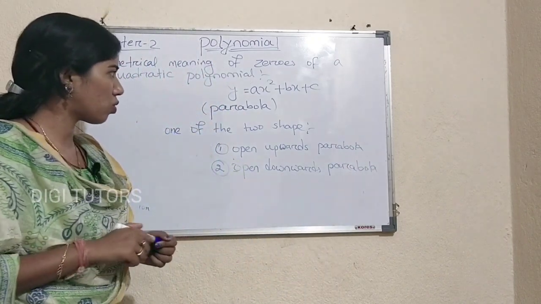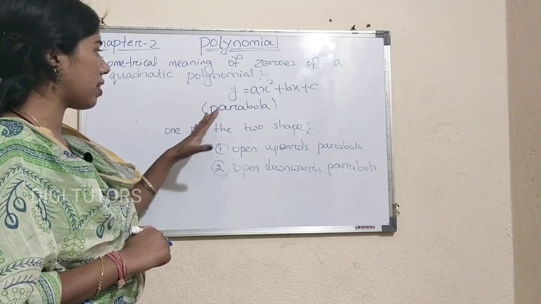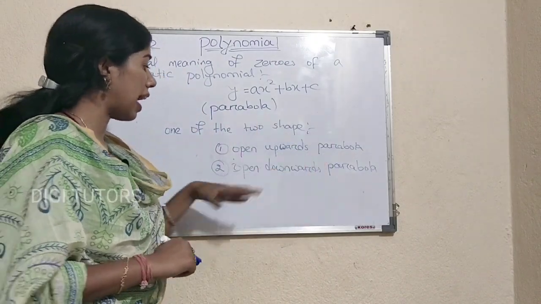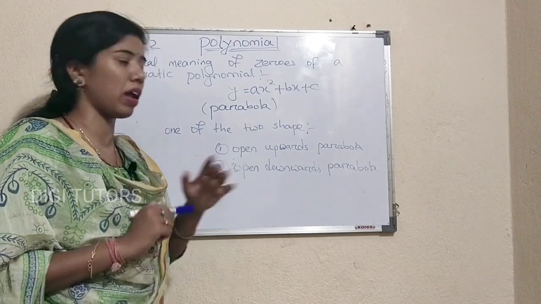Okay students, so in a quadratic polynomial the shape is a parabola. One is an open upwards parabola, another one is an open downwards parabola.